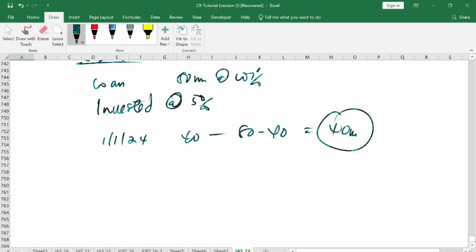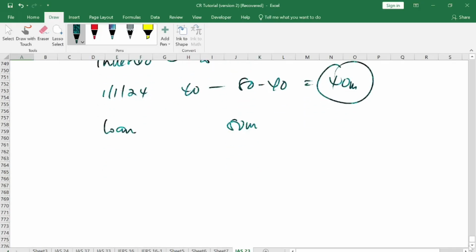If we are accounting for 2024, then how do we go about it? We will have the loan of 80 million. The interest on the loan is 10%. So how much do you have? You will have 8,000.